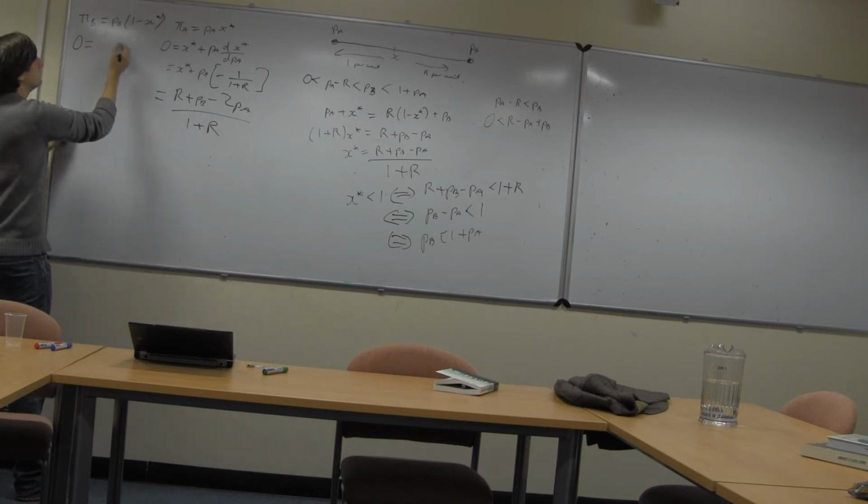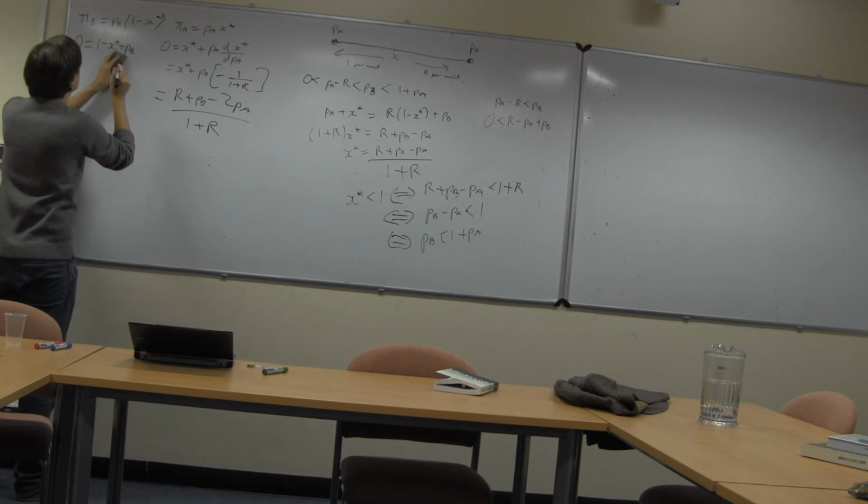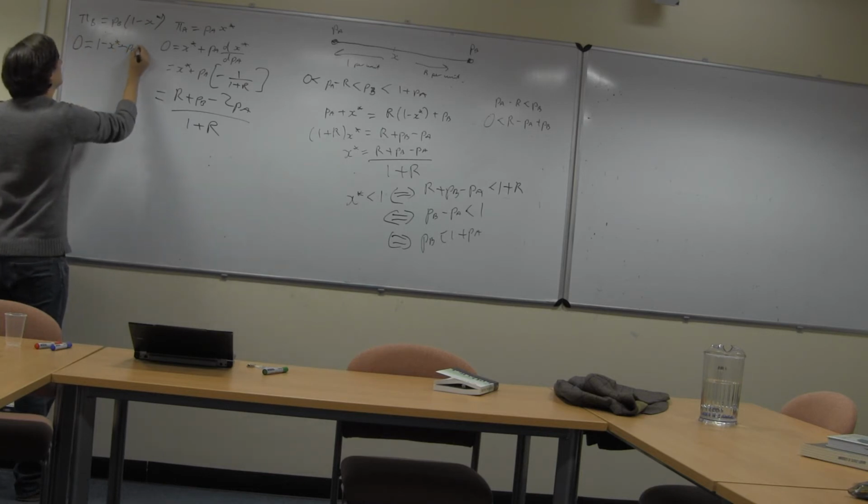So, again, the same thing. We have derivative of this times that. Okay, so 1 minus X star plus this times derivative of that. So PB times the derivative. So minus PB times derivative of X star is equal to PB.